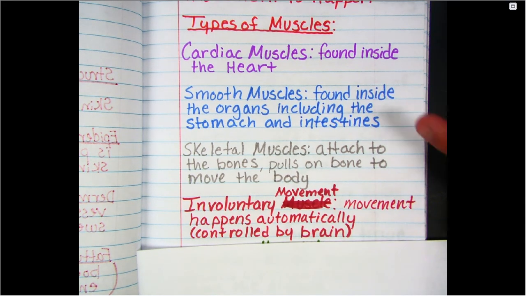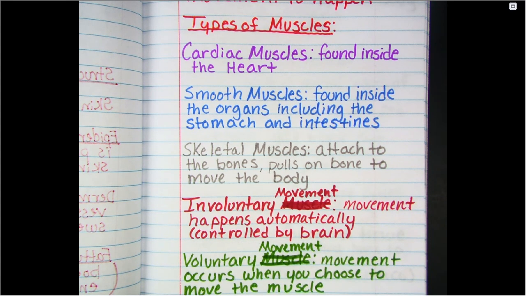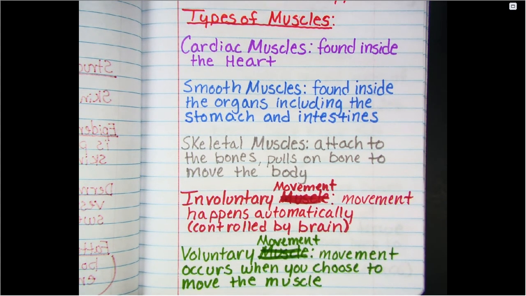We have no control over these two types of movements. The brain controls it, and it's an automatic thing. The last type of movement, with our skeletal muscle, is voluntary movement. We get to choose and decide whether or not we want to move certain limbs or parts of our body.